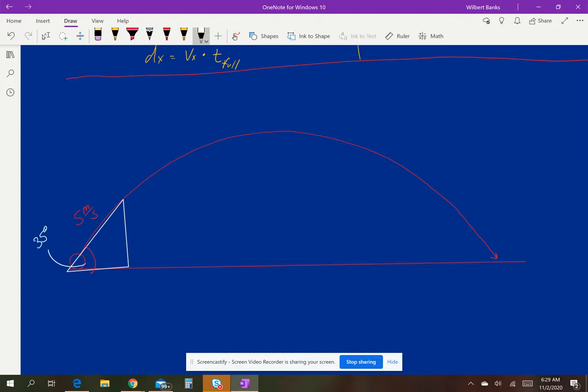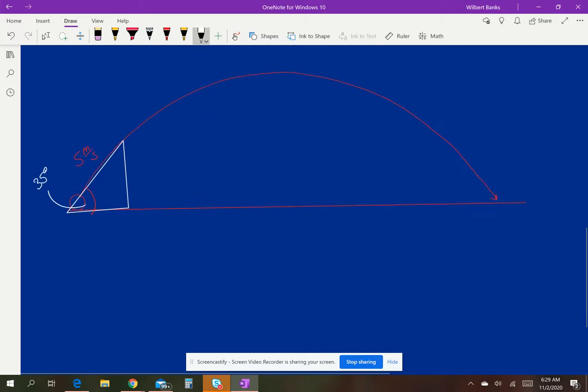How can I figure out everything else? I'm going to go through my steps that we did before. The first thing I'm going to do is figure out my triangle. So at my 35 degrees, the first thing I'm going to figure out is my Vx and my Vy properties.